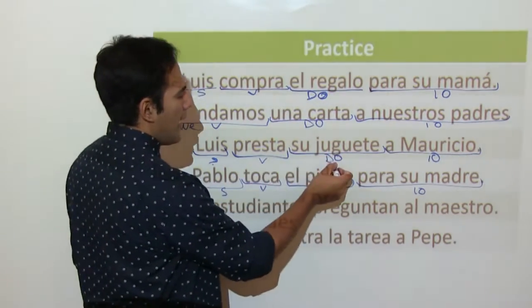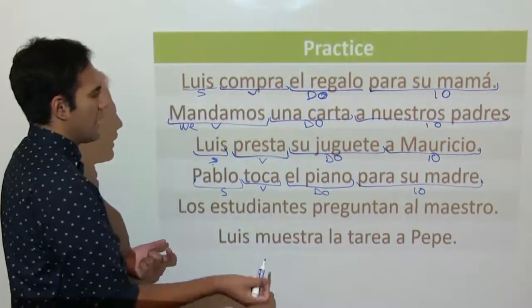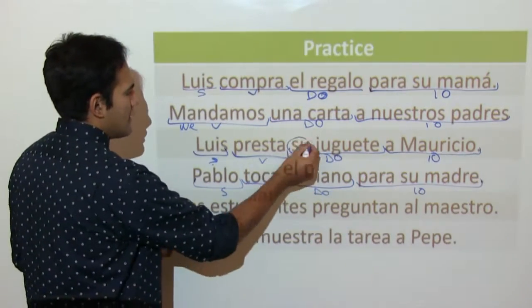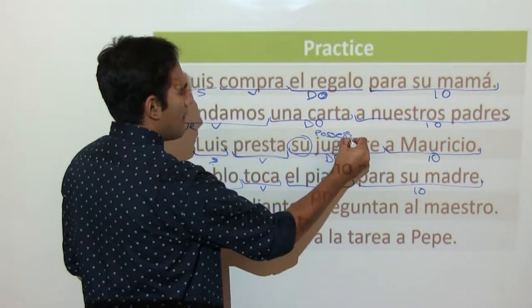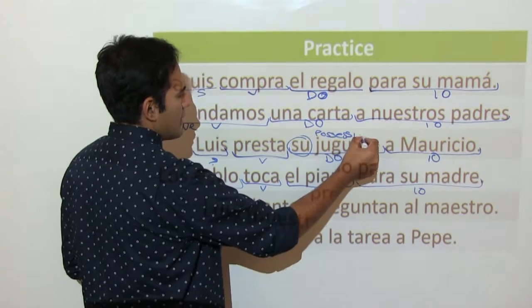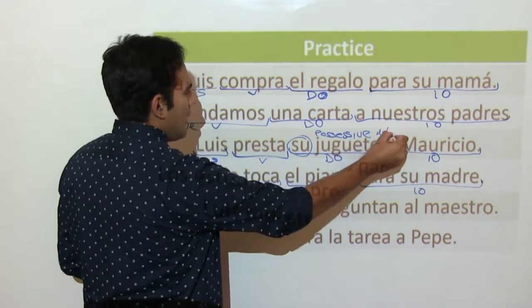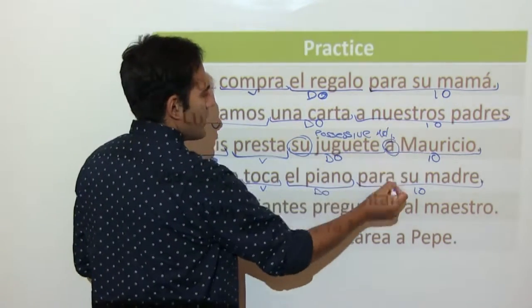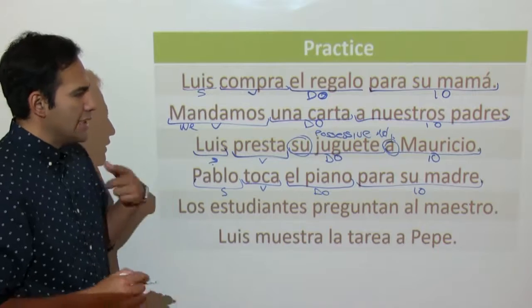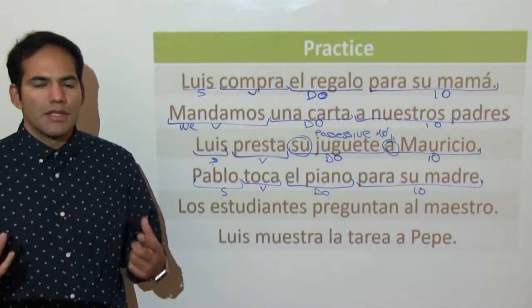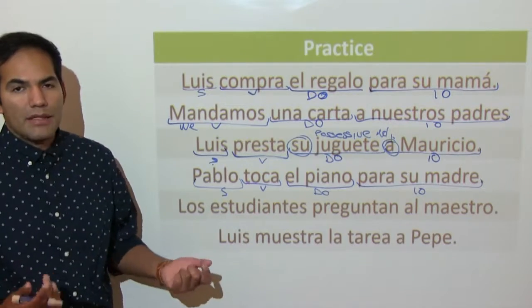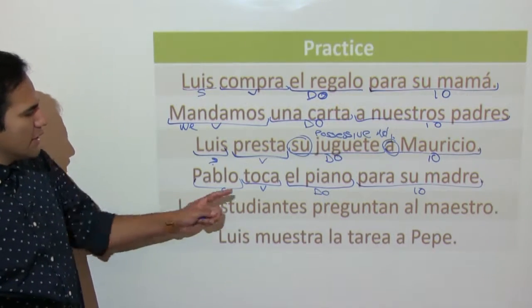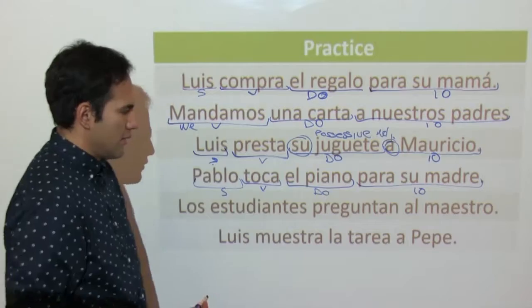Subject, verb, direct object, indirect object, and you could even go beyond and say, okay, su, it's our possessive adjective. You have a personal a, and you can just go deeper and deeper and then just try to understand exactly how everything fits in. It's really useful. It helps a lot.